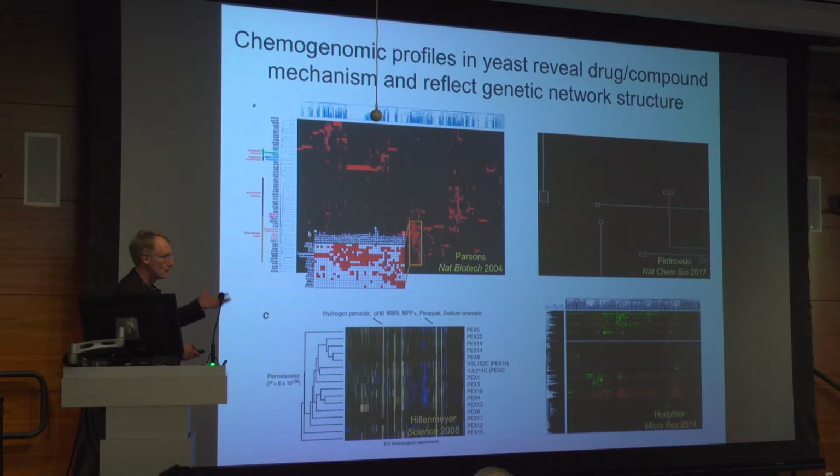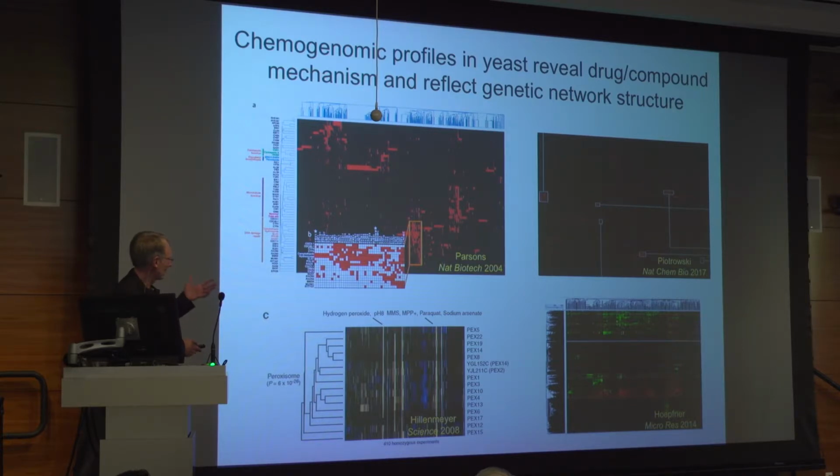Conceptually, this is nothing new. This is taking a page from the yeast playbook. Ron Davis and Guri Giaever and Corey Nislow and their colleagues, as well as Charlie Boone, have used the yeast gene deletion collection to interrogate drug mechanisms of action for more than a decade now.